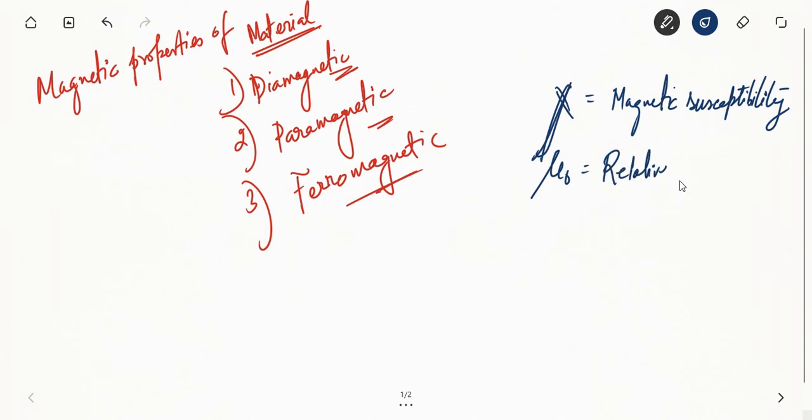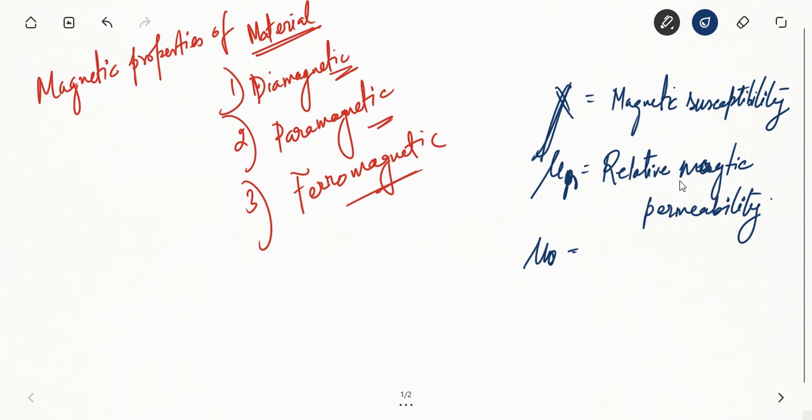Relative magnetic permeability. So that is mu r, and mu zero we know that is the magnetic permeability of free space.